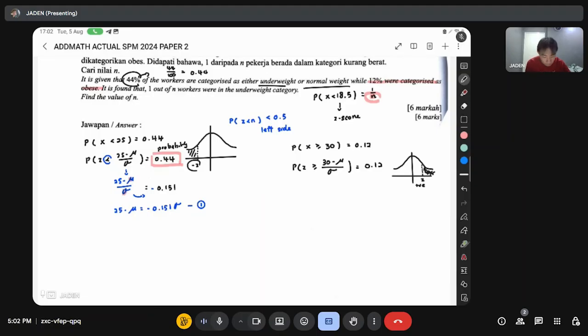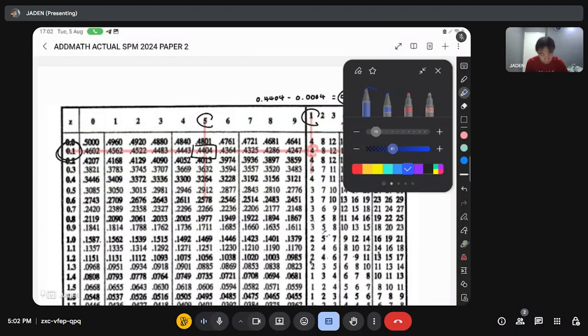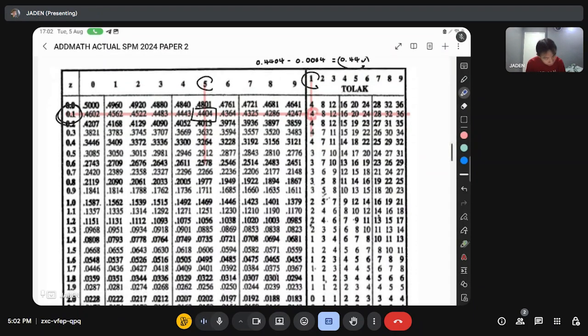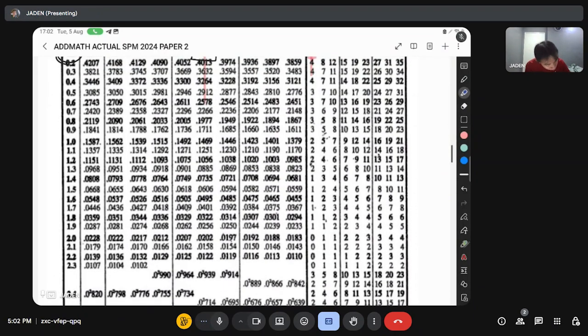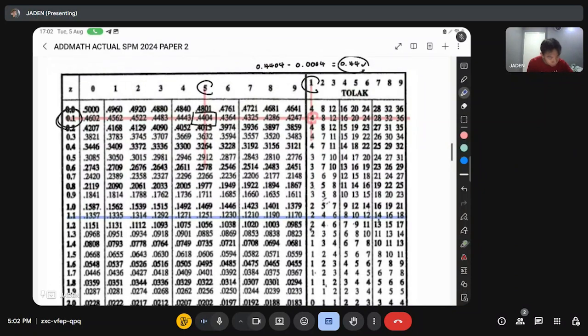Right now, our job is to find out what is the z-score for 0.12 probability. Let me use a different color here. 0.12, okay, around here. Let me highlight this full row. 0.12. Let's go with this.